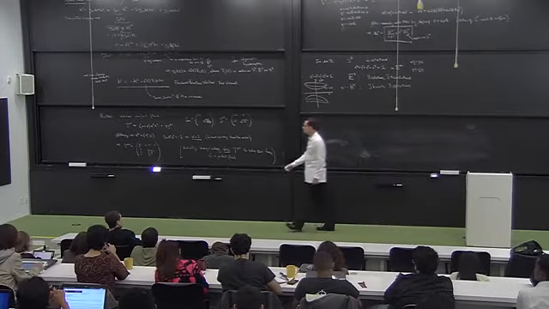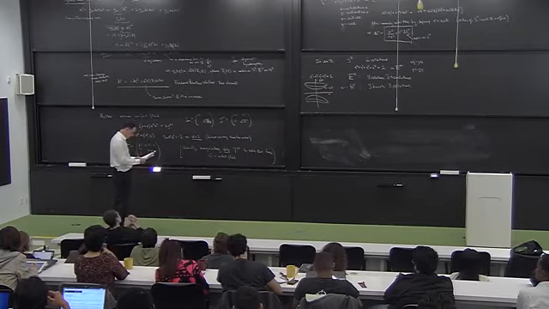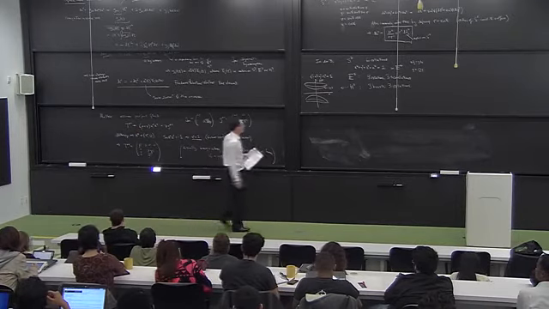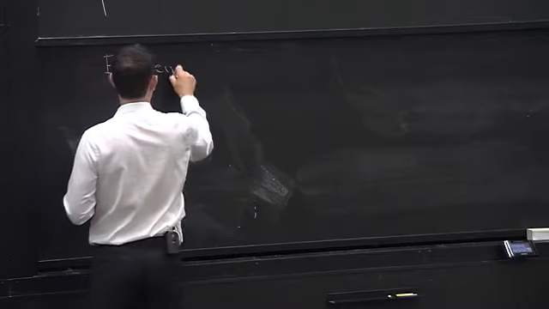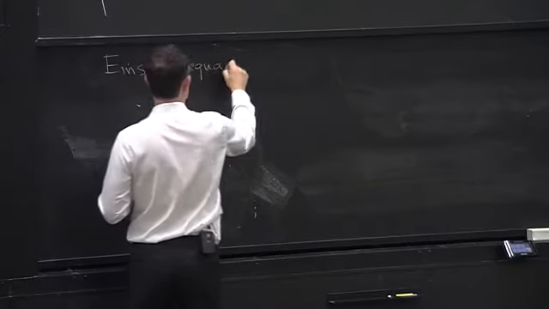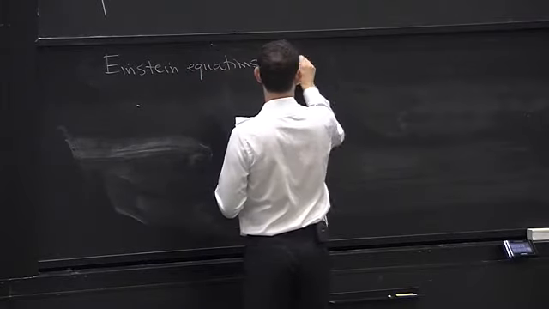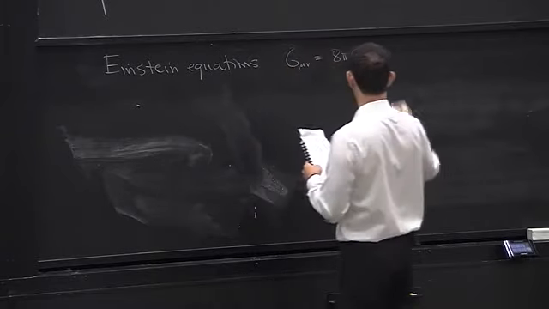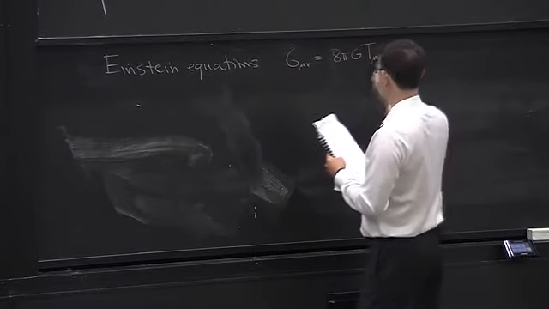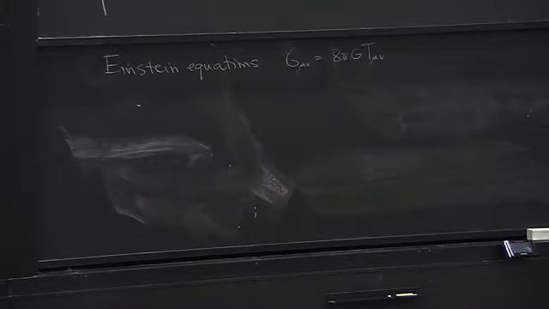Okay? So now we have our equations, the Einstein equations. Okay, G mu nu equals 8 pi G, I put c equals 1, T mu nu. And let's just work out what they are.